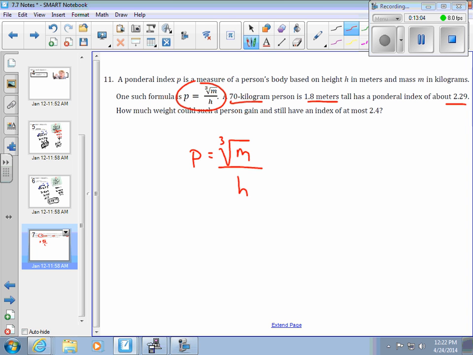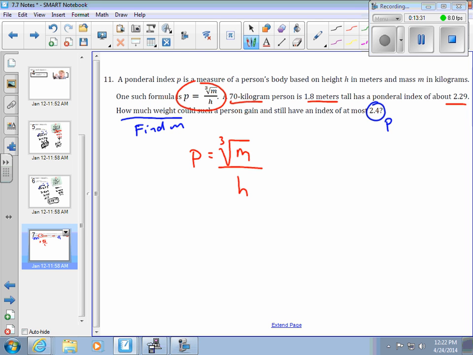We want to focus more on this next part. How much weight? Okay, weight. That means we're solving for the mass. We're trying to find M. Could a person gain and still have an index of at most 2.4? Okay, that's the index. That's P. So what we need to do is find M, plugging in P, but we also don't have the height.